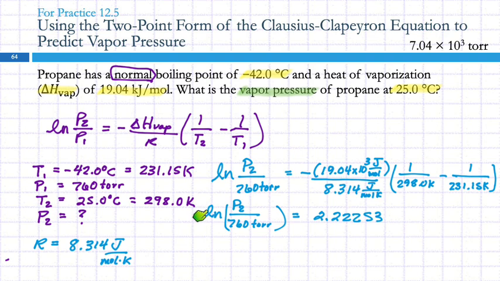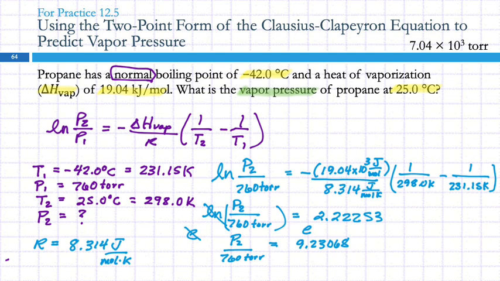How do we undo natural log? The anti-log, right? So the anti-log of that is e to the x. So I'm going to do e to the x of both sides, and so these guys cancel each other out, and I get P2 divided by 760 torr is equal to e to the 2.22 and so on, which is 9.23068.